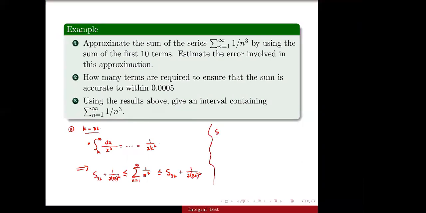Let's have S sub 32. This is the sum from n equals 1 up to 32 of 1 over n cubed.